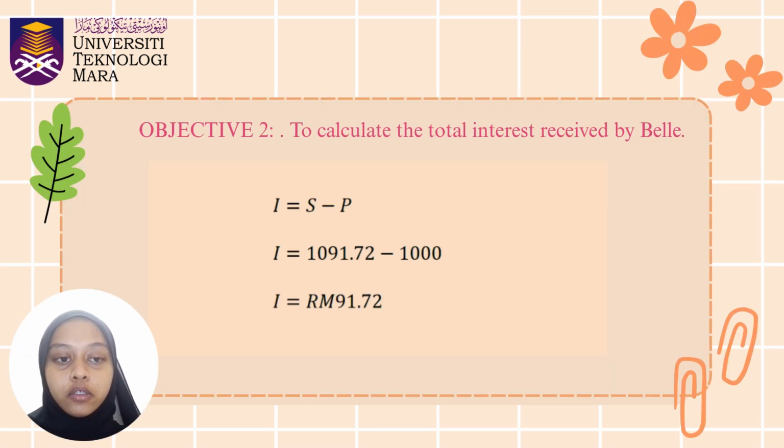To calculate the total interest received by Bell, we will use the formula I equals S minus P. So I equals RM1,091.72 minus 1,000. So the total interest received by Bell is RM91.72.